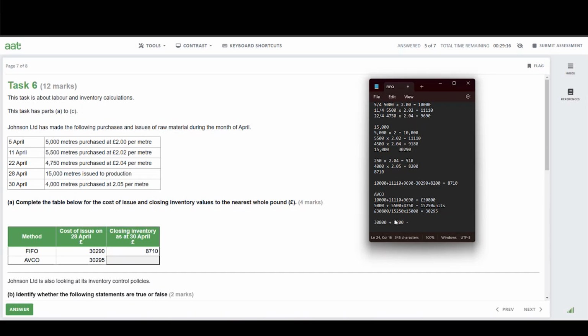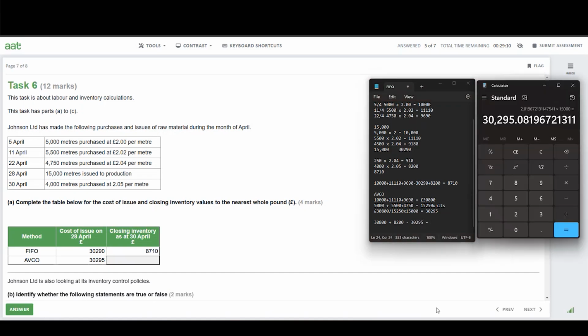And then we can take away the cost of the issue that we've just calculated. Let's see what that gives us. £8,705. That's our closing inventory under AVCO.